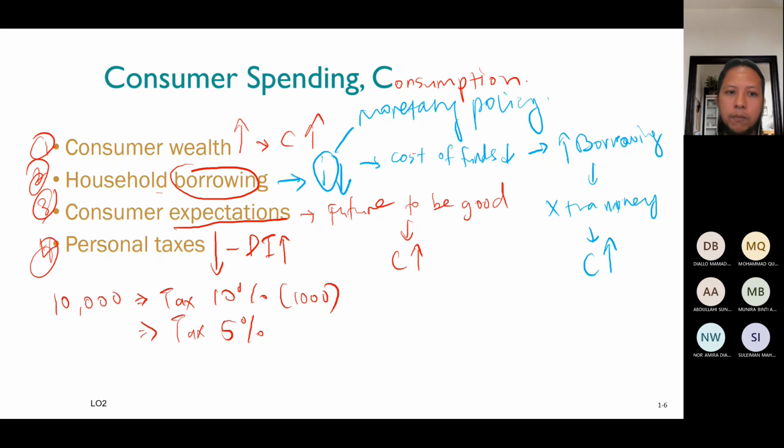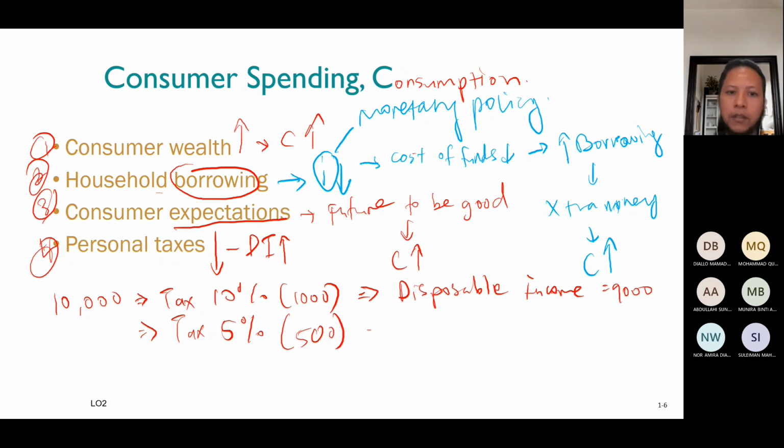So previously, when you paid the tax of 1,000, you had a disposable income of 9,000. But now the government announced taxes have been reduced and you only pay 5%, which is 500.